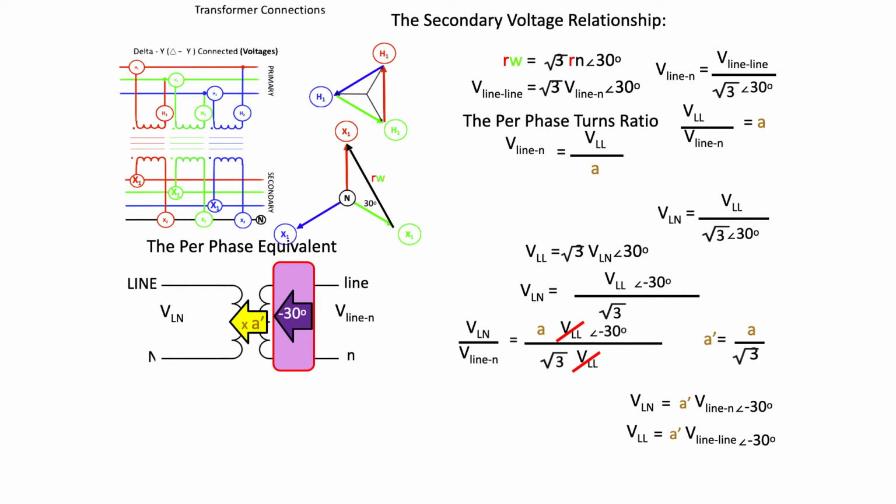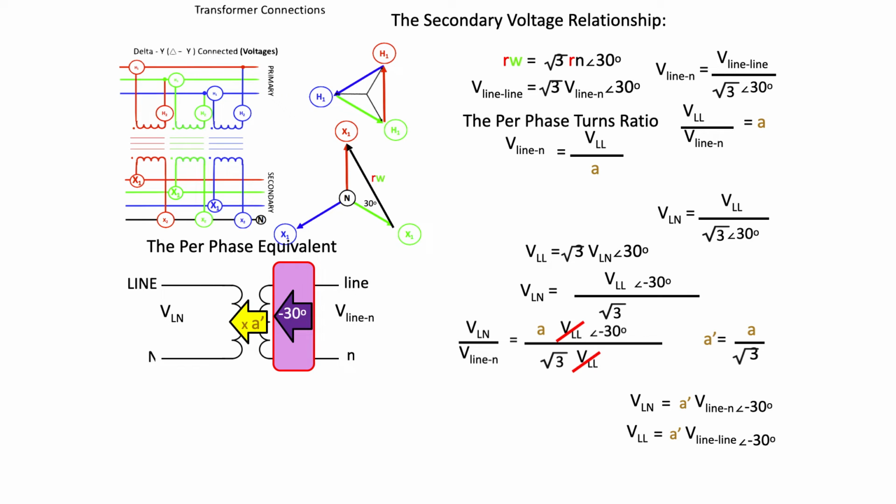And we have two operators that we have to be concerned about, and one is the turns ratio for the per phase transformer. We have to establish what we do to the secondary voltage to come up with a primary voltage.